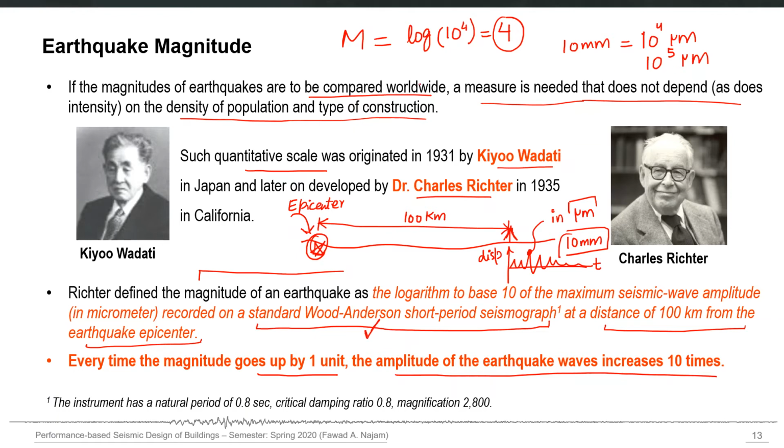So a magnitude 5 earthquake will have 10 times more peak displacement of ground compared to a magnitude 4 earthquake. Similarly, a magnitude 6 will produce a ground shaking which will be 100 times more than magnitude 4, because 10 times for 5 and then 10 times for 6. So this is the definition of earthquake magnitude, the Richter magnitude scale.